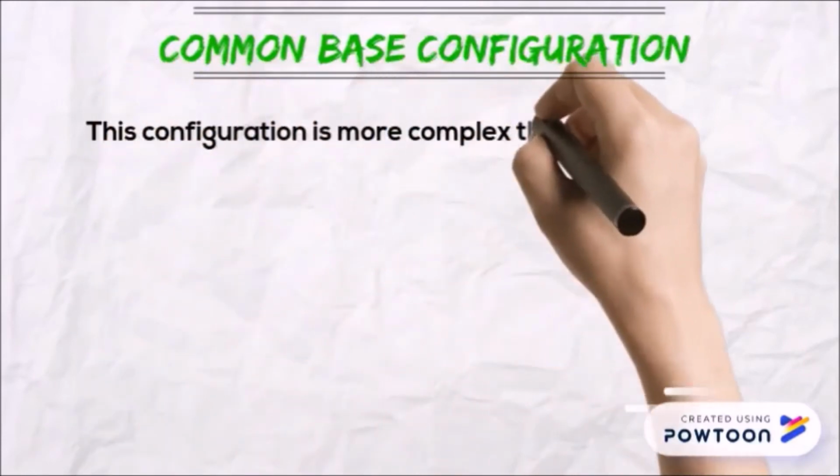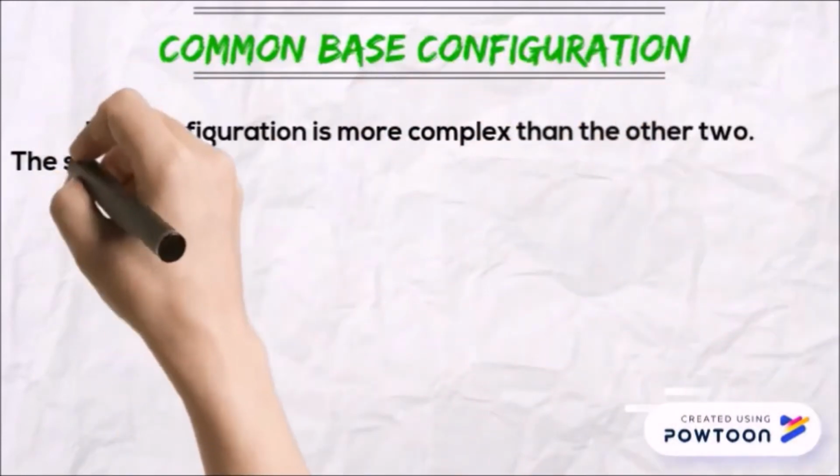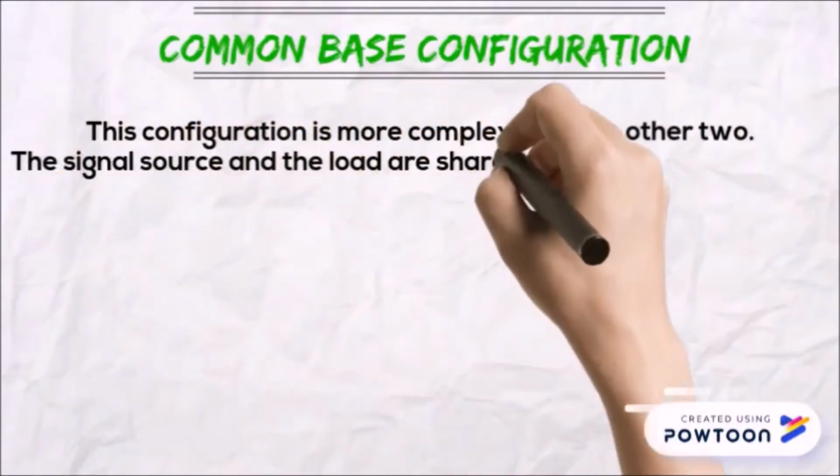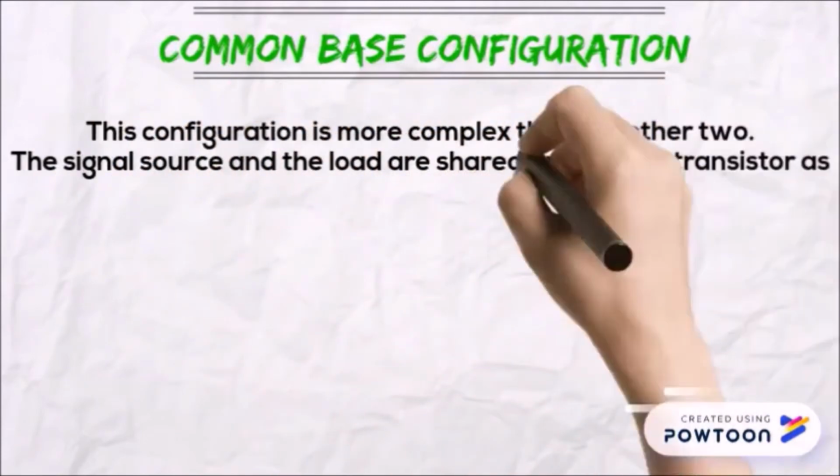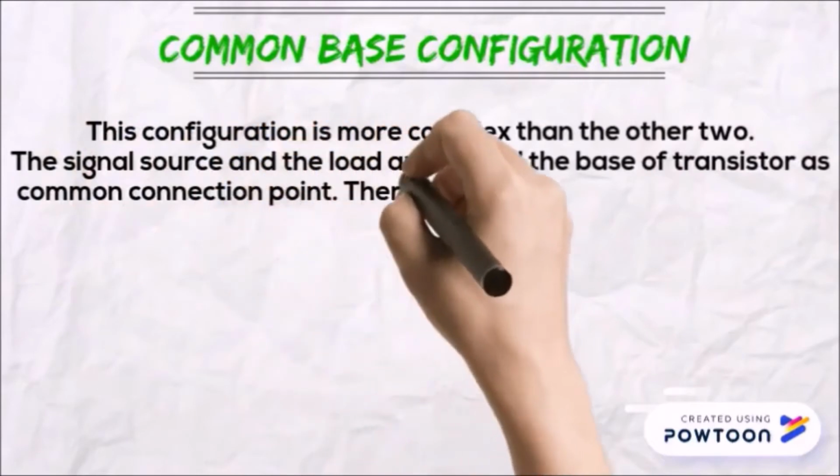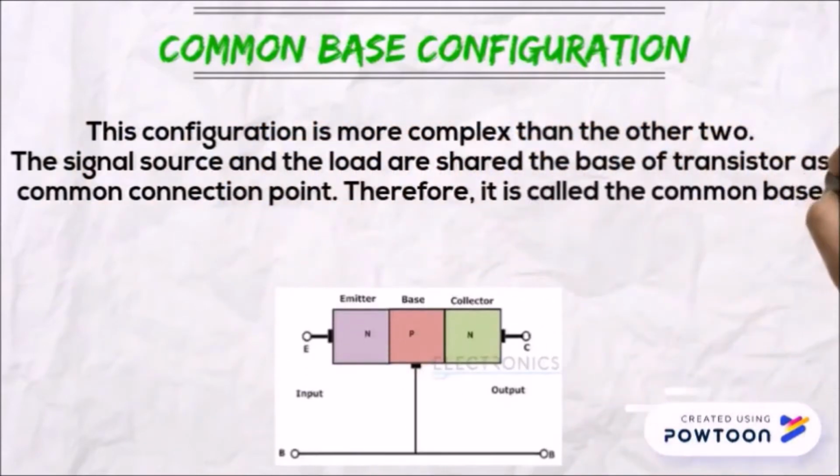This configuration is more complex than the other two. The signal source and the load share the base of the transistor as the common connection point. Therefore, it is called the common base configuration.